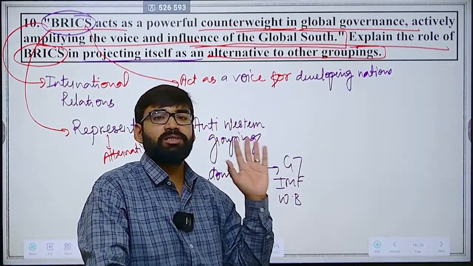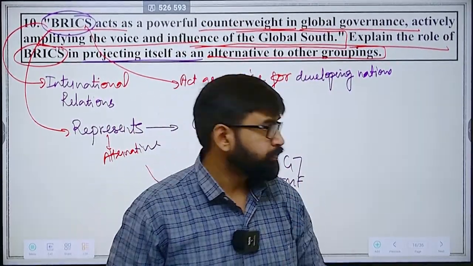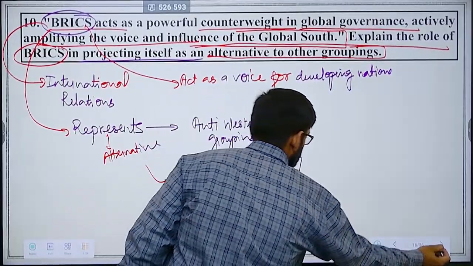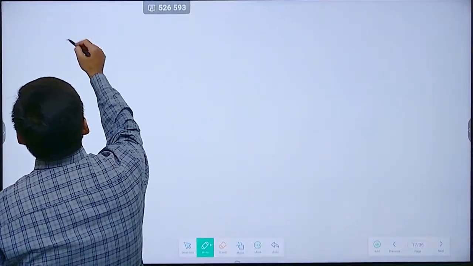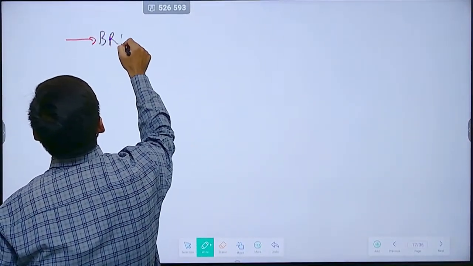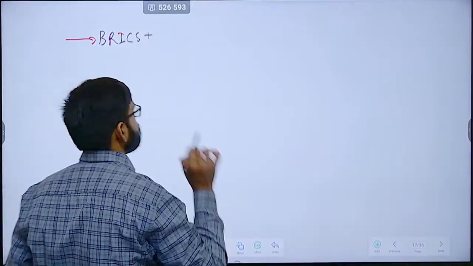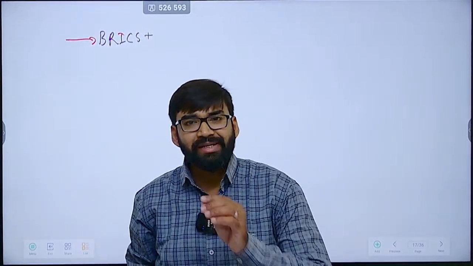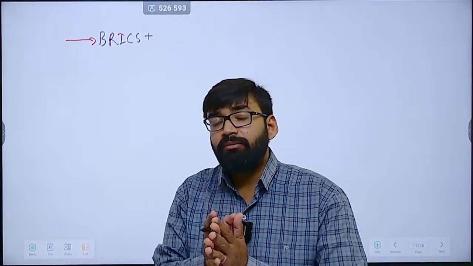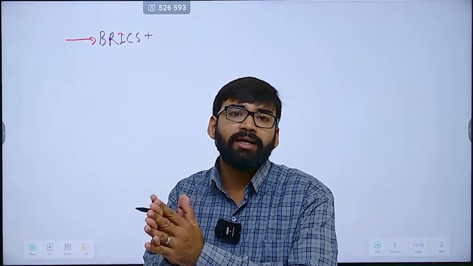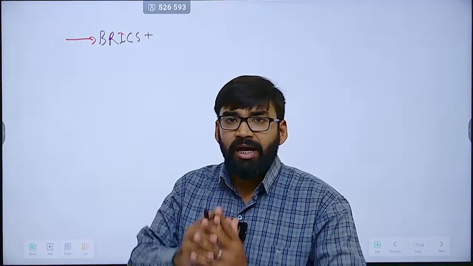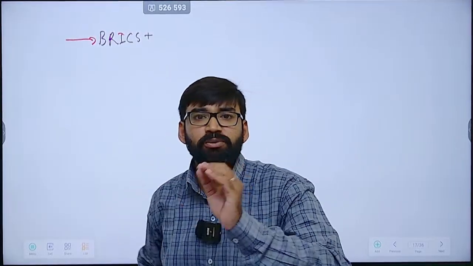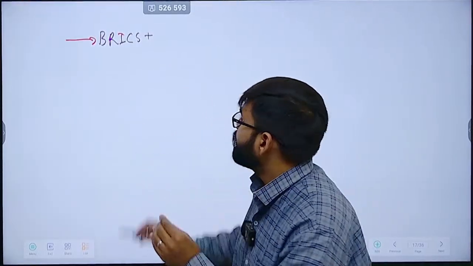So why did UPSC ask this question? Let me tell you why. You must have heard the term BRICS Plus. Recently various new members were added to BRICS, and that has become BRICS Plus.